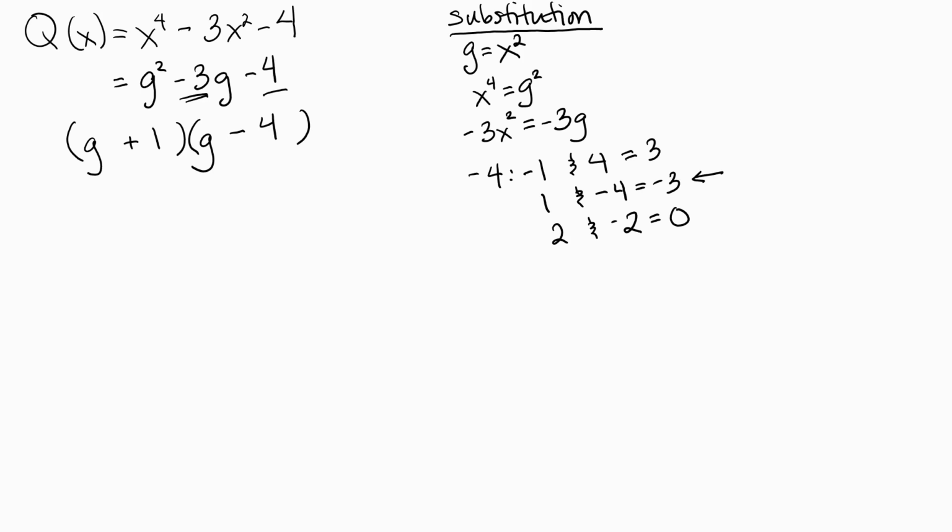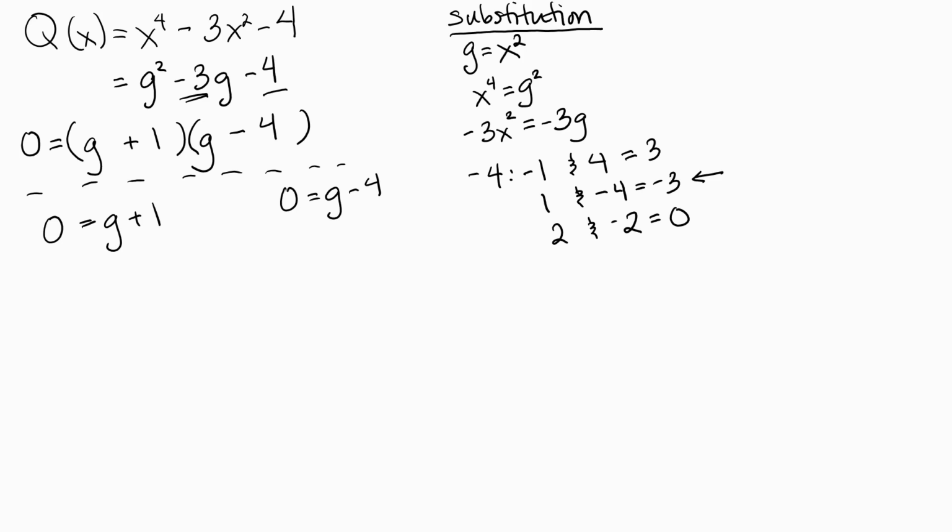Now in order to find our zeros, we're going to set our equation to 0. And now we can break it up. 0 equals g plus 1, and then 0 equals g minus 4. On the one hand, we're going to want to get g by itself.